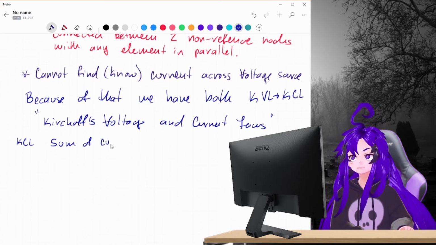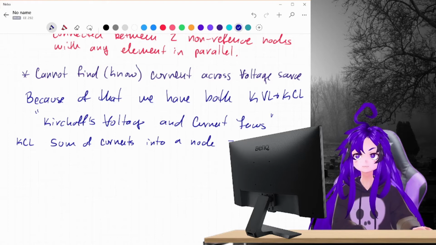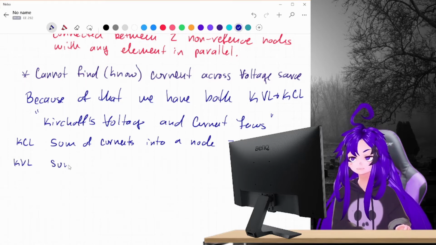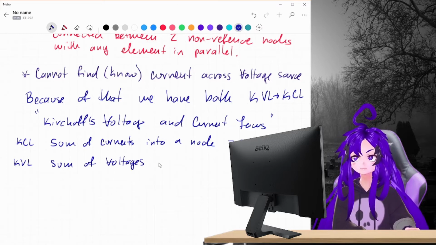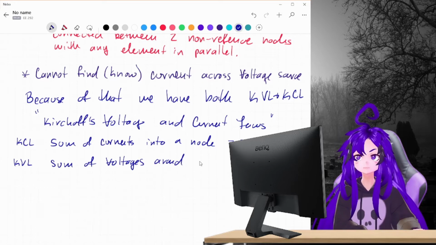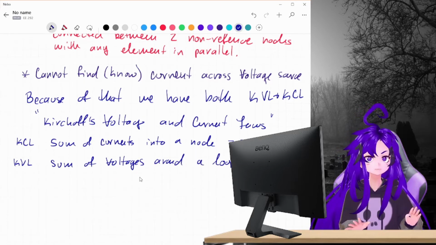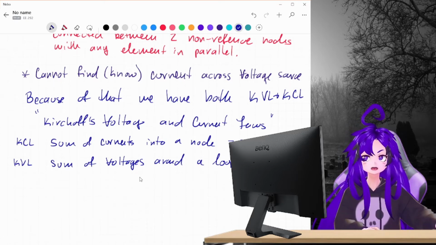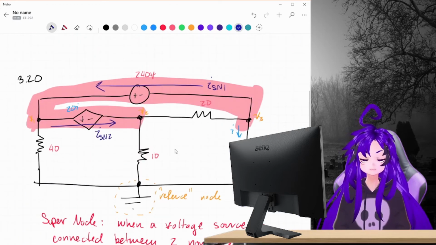Sum of currents into a node equals 0. And KVL is sum of voltages around a loop equals 0. Okay, so we have to use both of these to figure out what the heck is going on here.